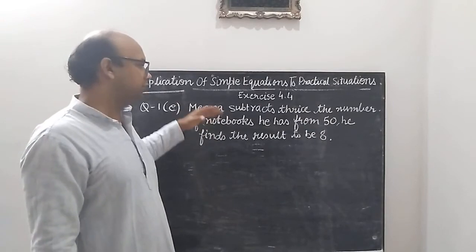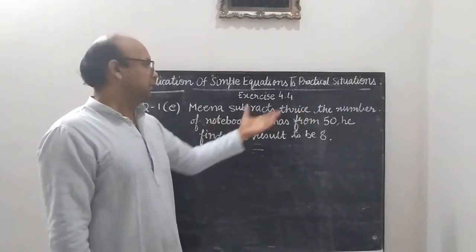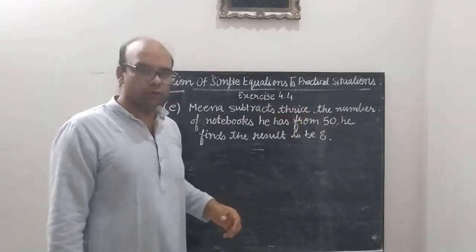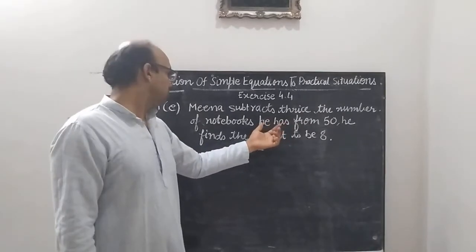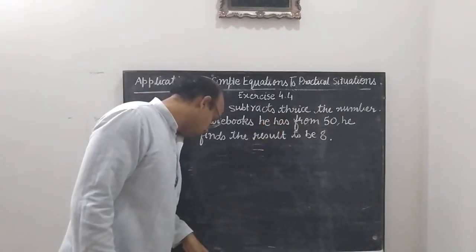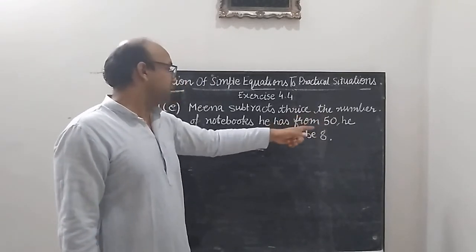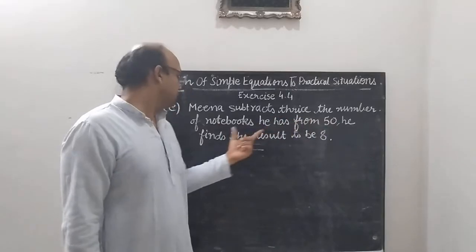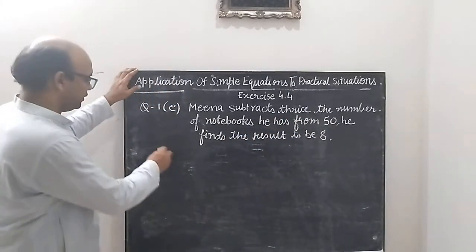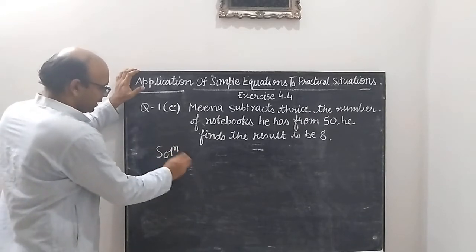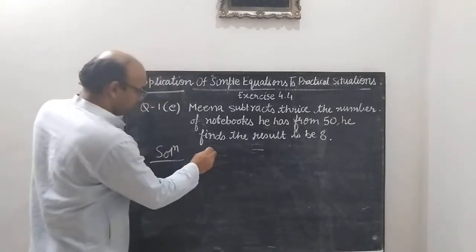Now, Meena takes the number of notebooks, takes thrice the number of notebooks, then subtracts it from 50 and finds the result to be 8. So what we do is, again the same thing, we take the number to be y.